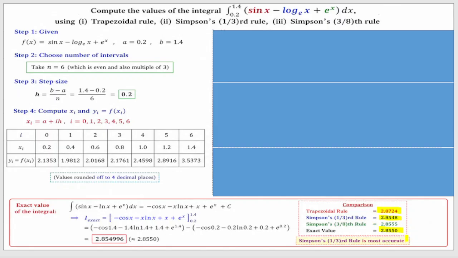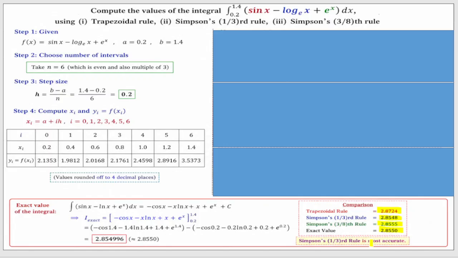This answer is comparatively more accurate if you compare with the exact value of the integral. And this 3 by 8 rule gives 2.8555. So Simpson's one-third rule is most accurate for this example, remember, for this example.